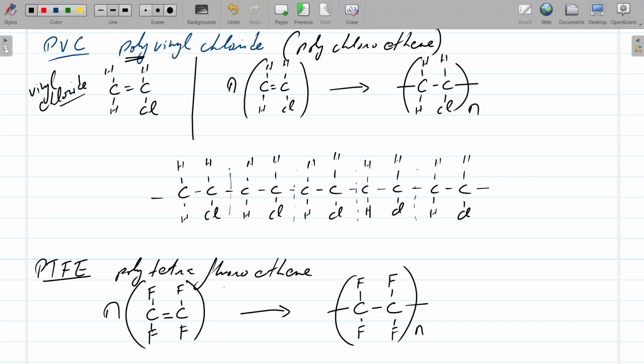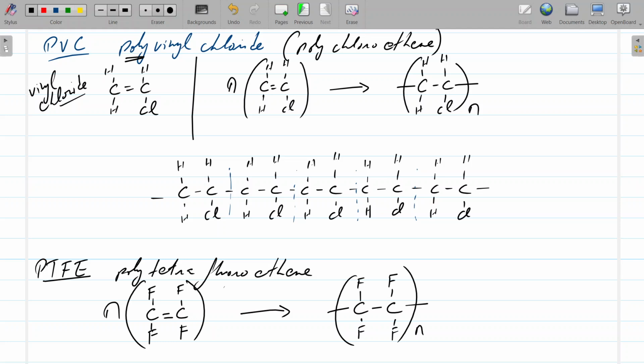Haram, all good, all clear? Yes. But why don't we have a hydrogen in PTFE? Because they've replaced all the hydrogens with fluorine atoms. Now, how they did that, obviously some process. I don't think they even mention how you achieve that at A level.